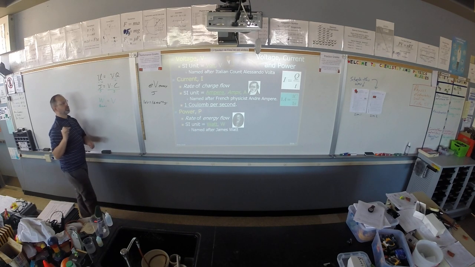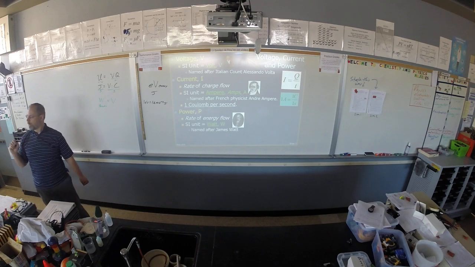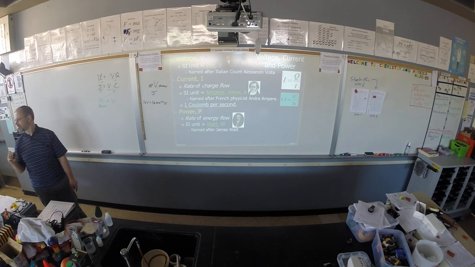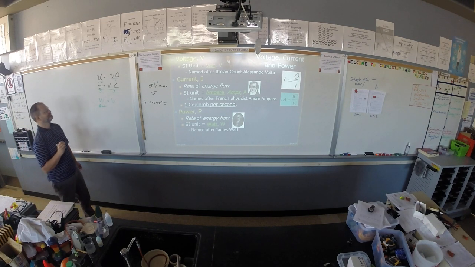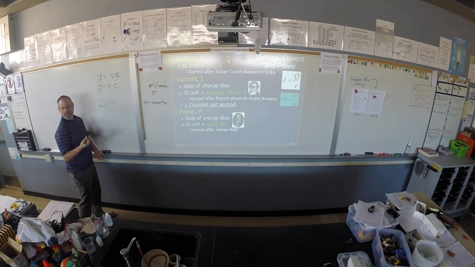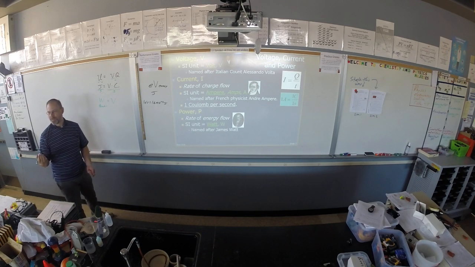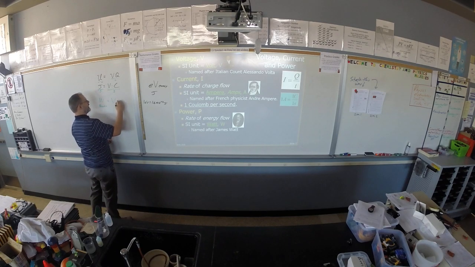What is a coulomb divided by 1 second? We just learned it. It's an amp. This is voltage. This is current.